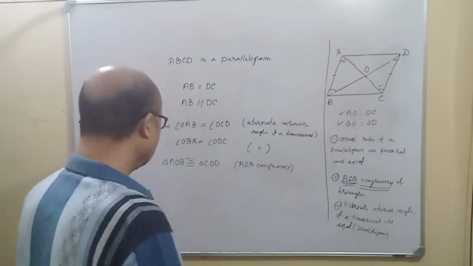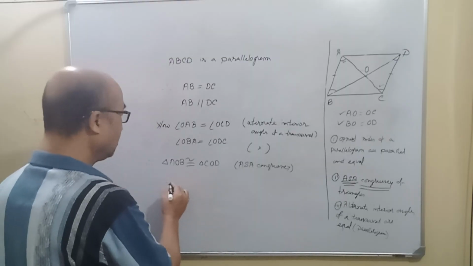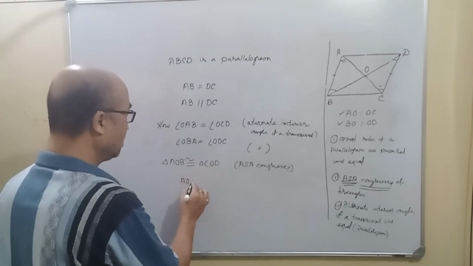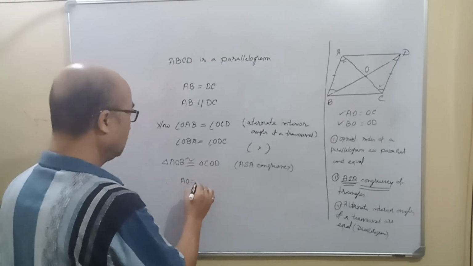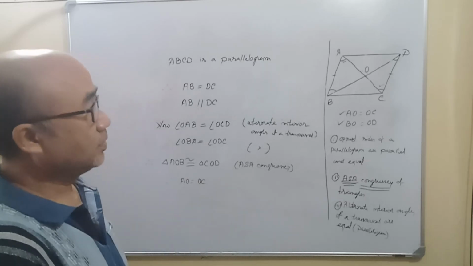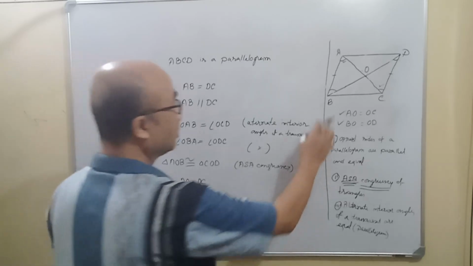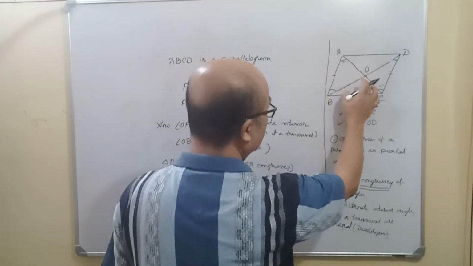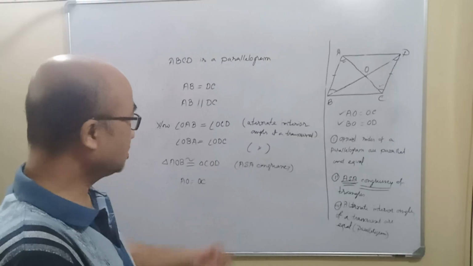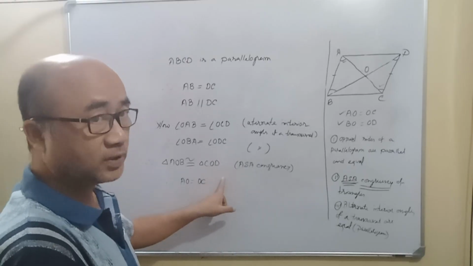Now, if they are congruent, it follows that AO is equal to OC, because they are corresponding sides of congruent triangles.